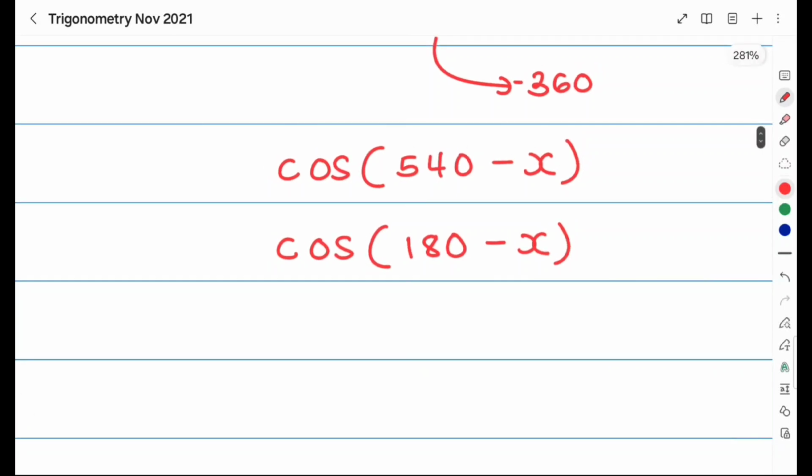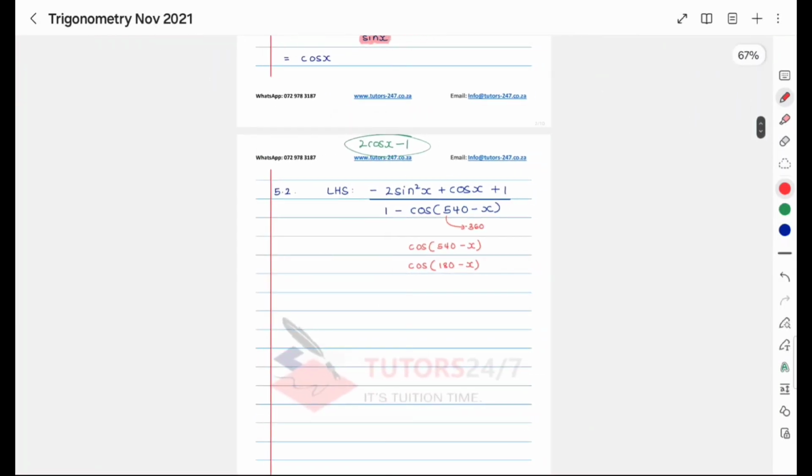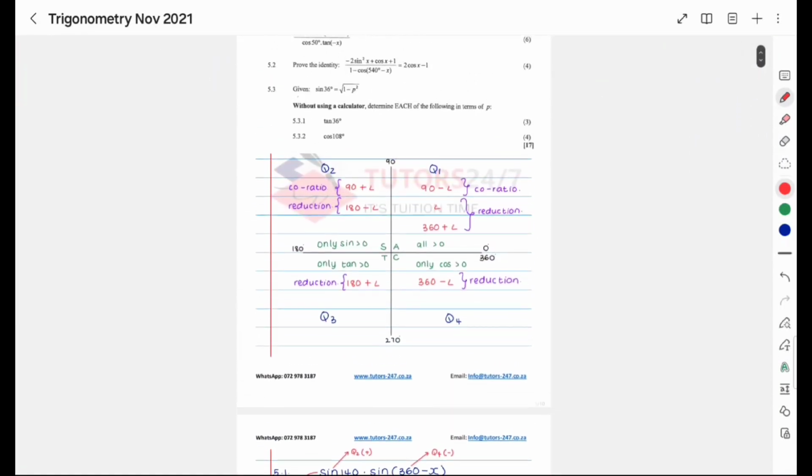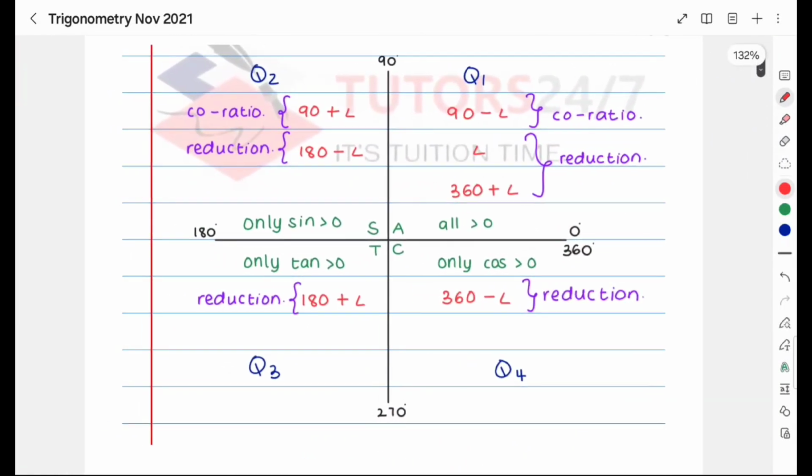So we're going to take this reduction formula of 180 minus x and match it to the reduction formula in our CAST diagram. 180 minus some angle, that is quadrant 2. We know that cos is negative in quadrant 2 because only sine is positive.